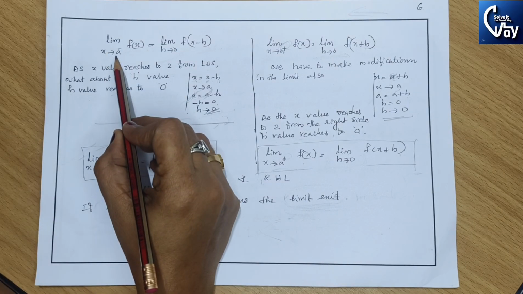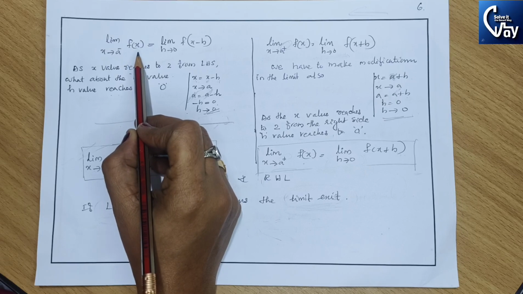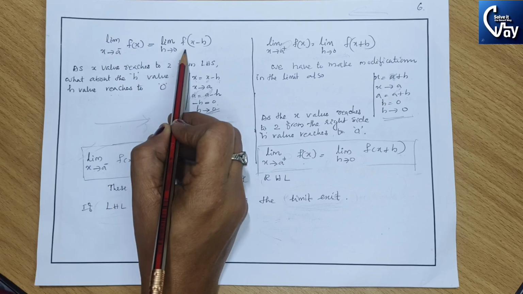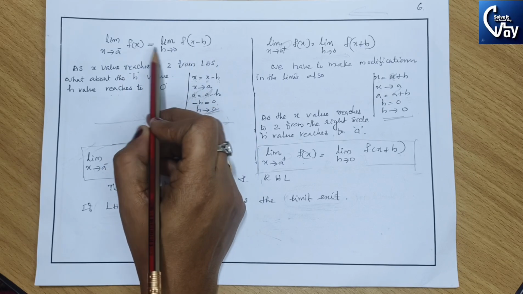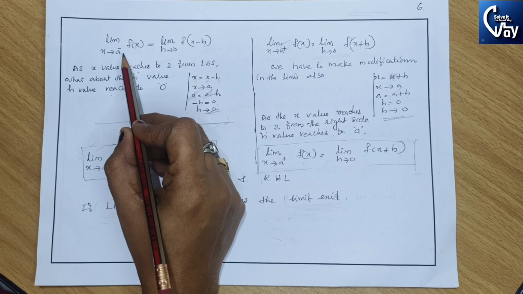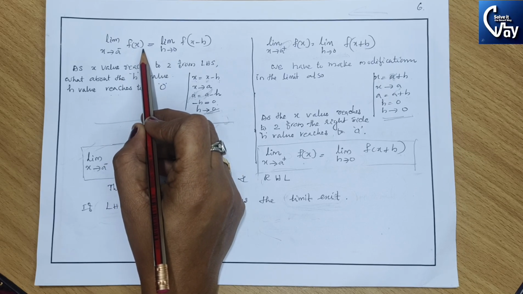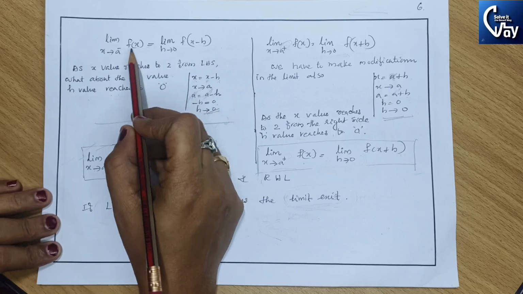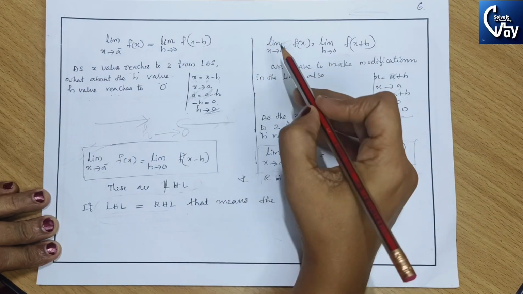Limit x approaching a minus of f of x is equal to limit h approaching 0 of f of x minus h. That we observe from the table. X approaching a from LHS, at that time h approaches 0. Is it clear? That x is nothing but x minus h.